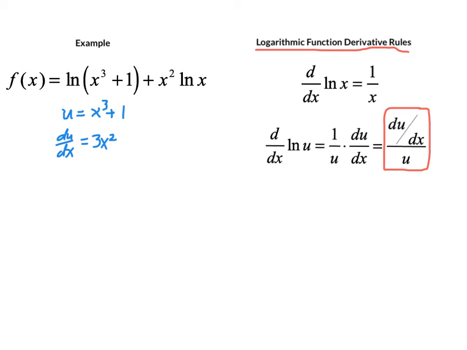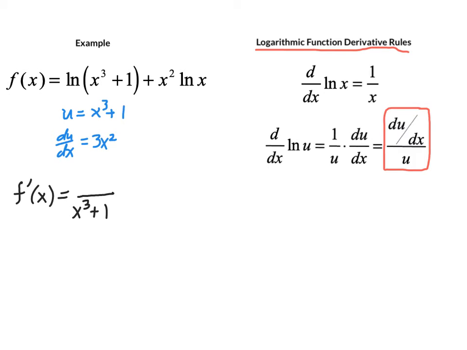It turns out that with a little bit of practice, we almost never write the u sub for a log derivative because we can pretty much do the work as we're writing the derivative itself. So if we can recognize this first term in our function as the natural log of u, when we go to take the derivative, we write the logarand in the denominator, x cubed plus 1.